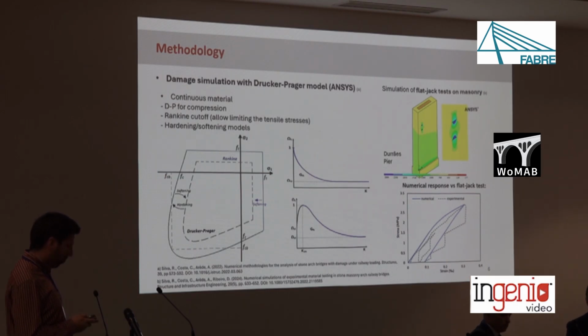These types of models are very well known. In this case, we opt to choose the Drucker-Prager model for compression, and also use a cutoff in tensile stresses in order to limit even more these tensile stresses, that are very exhibited in this type of structure.